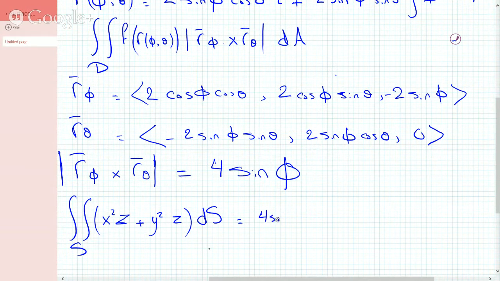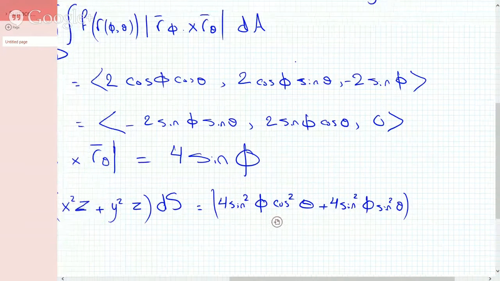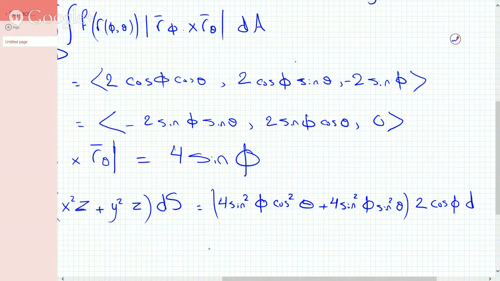So we have 4 sine squared phi cosine squared theta plus 4 sine squared phi sine squared theta times z, which is 2 cosine phi, and this is of course dA, and in this case will just be d phi d theta.